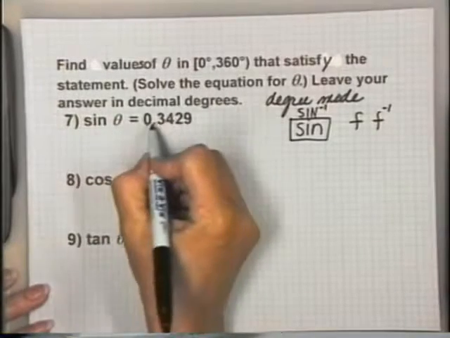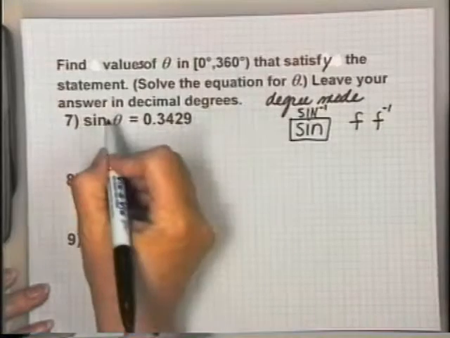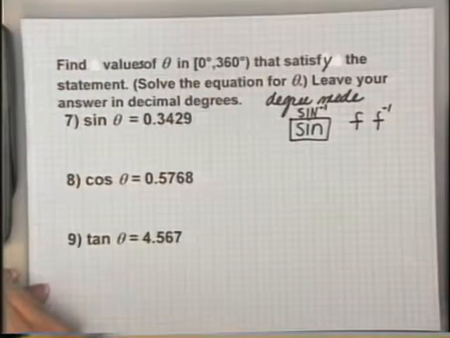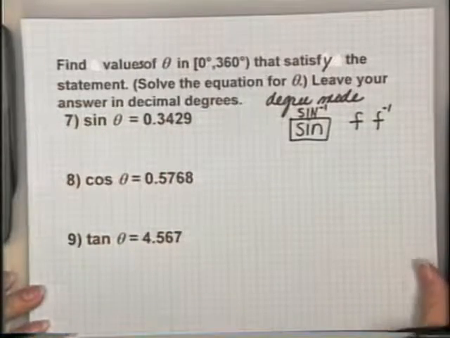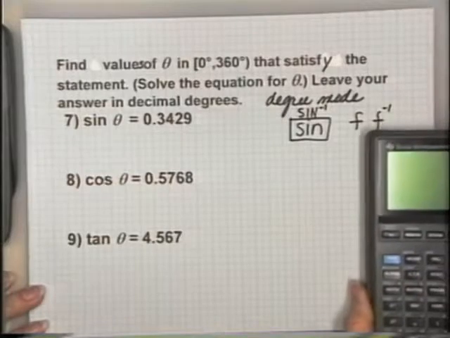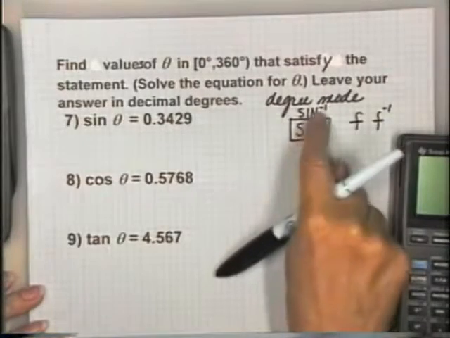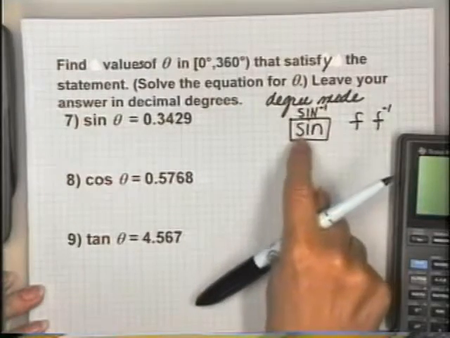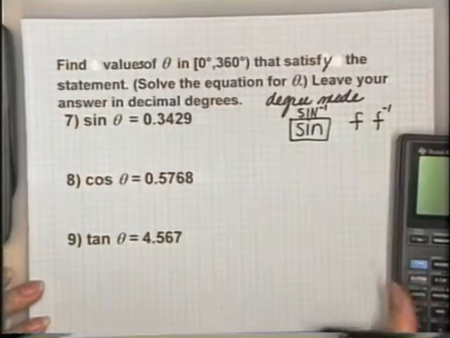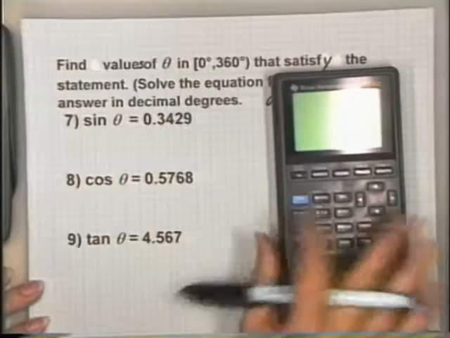It represents the inverse function for the sine function. At any time that you are given the sine value and you are looking for the angle, you're going to use that inverse function. So let's work problem 7 using the graphing calculator. To get to your inverse sine function, since it's written down on the calculator above the sine button, you're going to have to use your second function button.